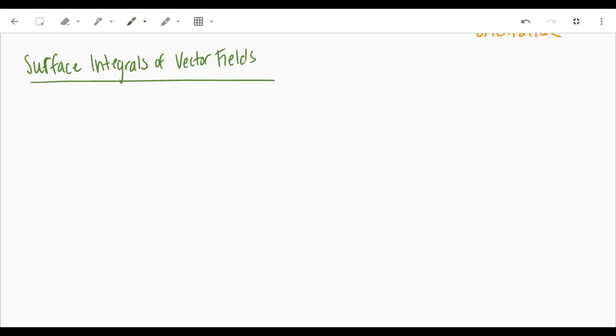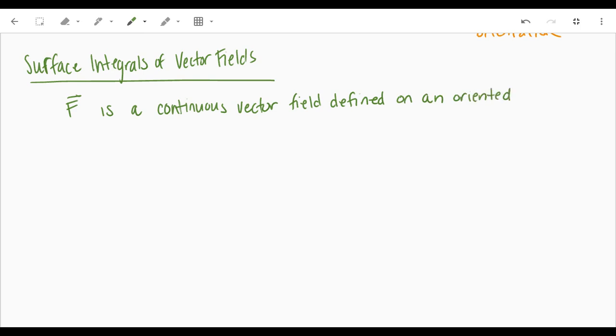So F is a continuous vector field defined on an oriented surface, either oriented positively or negatively, with unit normal vector n.